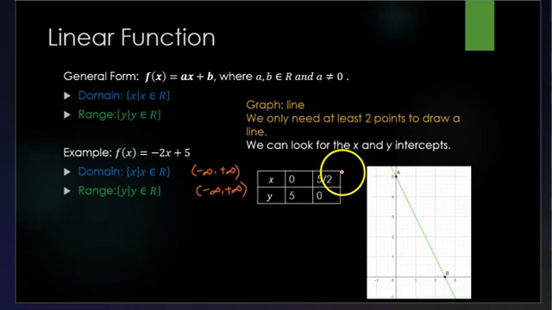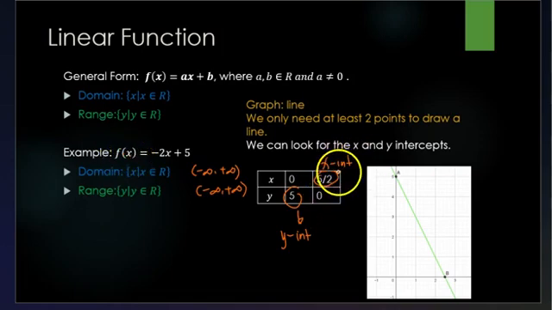So to graph, there are different ways to do this. You can use any 2 points. What we have here is what we call your y-intercept. This is the value of y when x is 0. And this is also known as the x-intercept. That means this is the value of x when we set y to be 0.